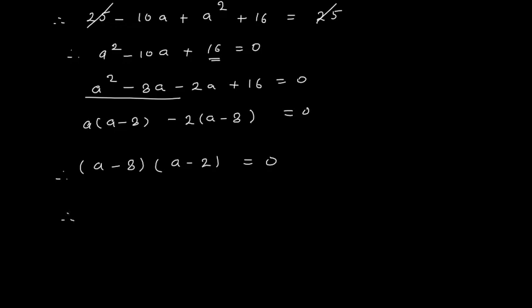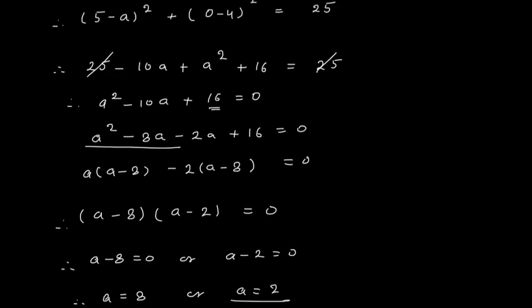So you will say that A minus 8 is 0 or A minus 2 is 0. So you can say that A is equal to 8 or A is equal to 2. So the value of A is 8 or 2.